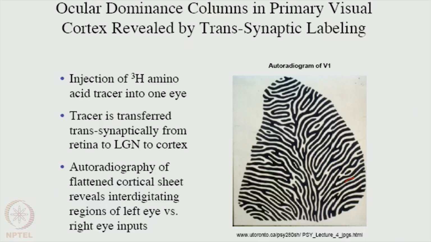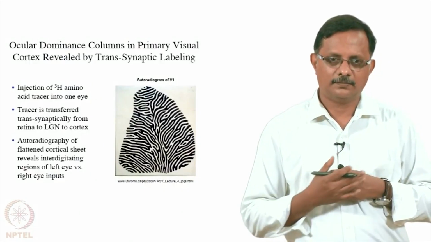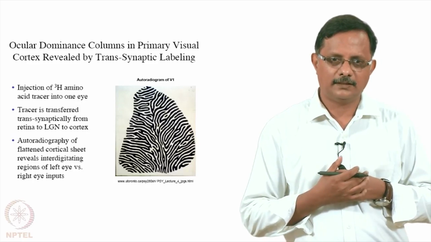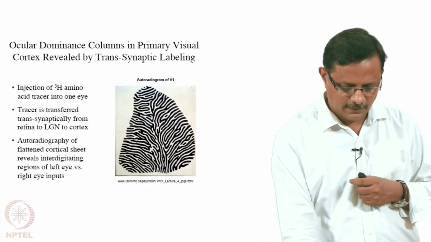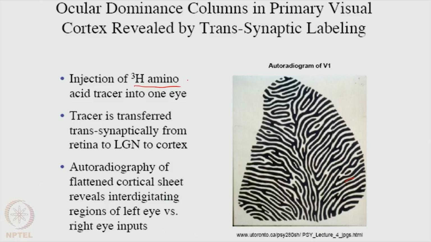These kinds of patterns are measured or produced by injecting a radioactive tracer, like a tritiated amino acid tracer. They inject this tracer into one eye, and the signal goes through the pathways, the optic nerve, crosses the lateral geniculate nucleus and reaches the visual cortex, and activates only the neurons which receive input from that eye.